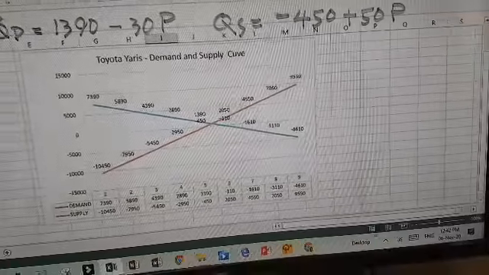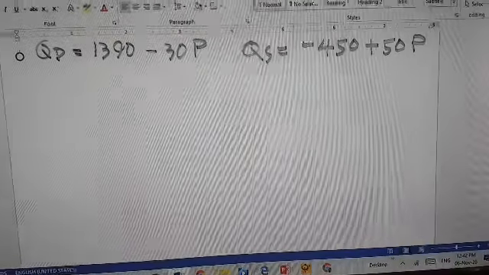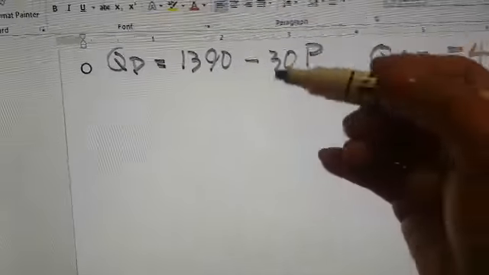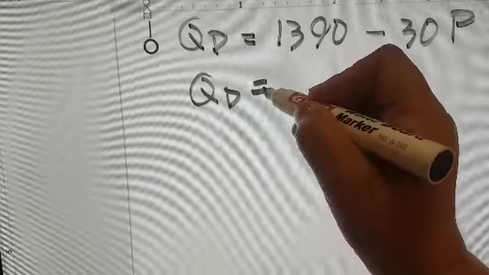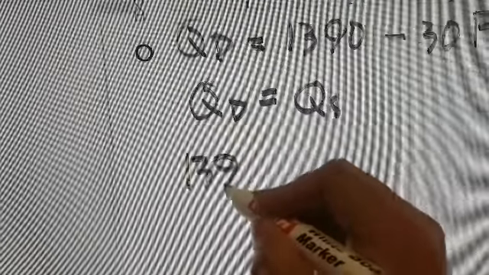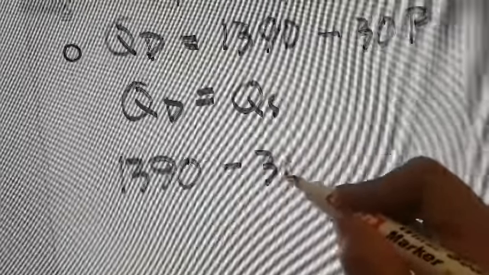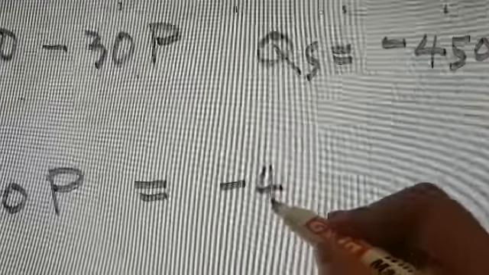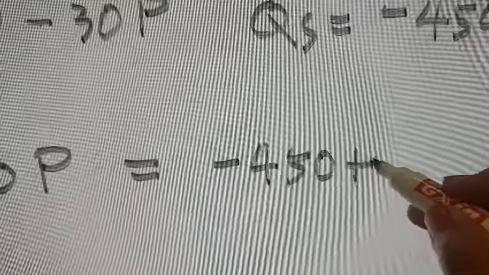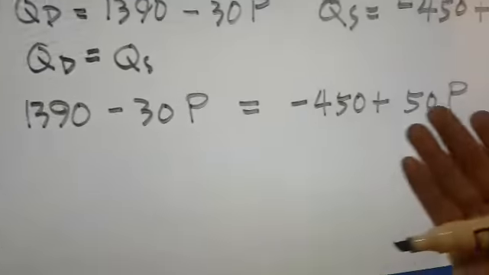So if that's the case, then we have to equate those two, and we will say QD is equal to QS. All right, so writing the equivalent of QD, which is 1390 take away 30P, equal to the equation of QS, which is negative 450 plus 50P. The equation will already be in terms of P.